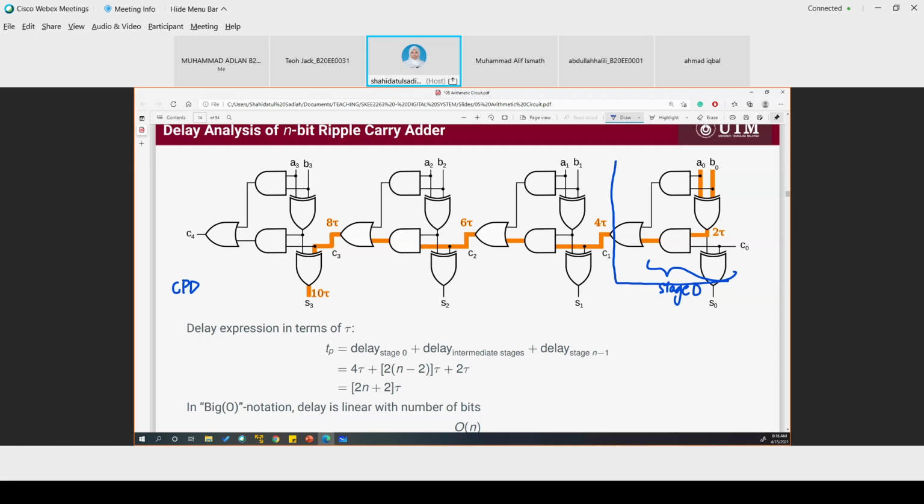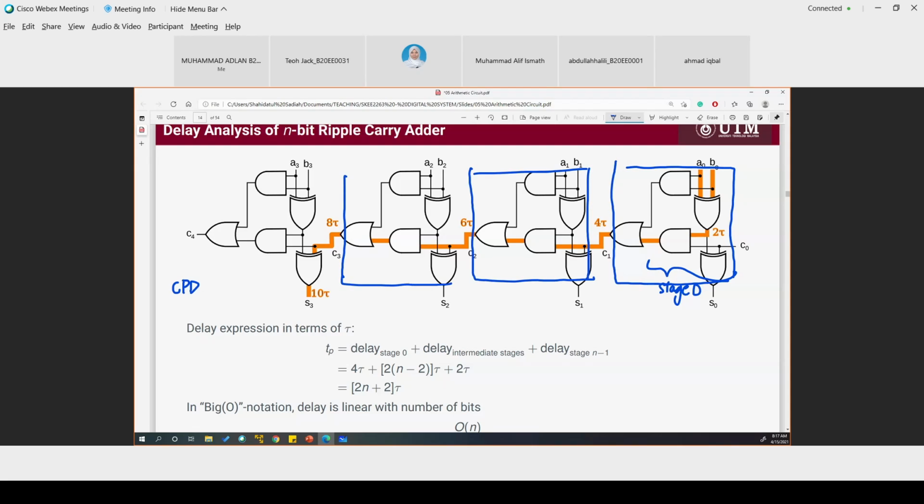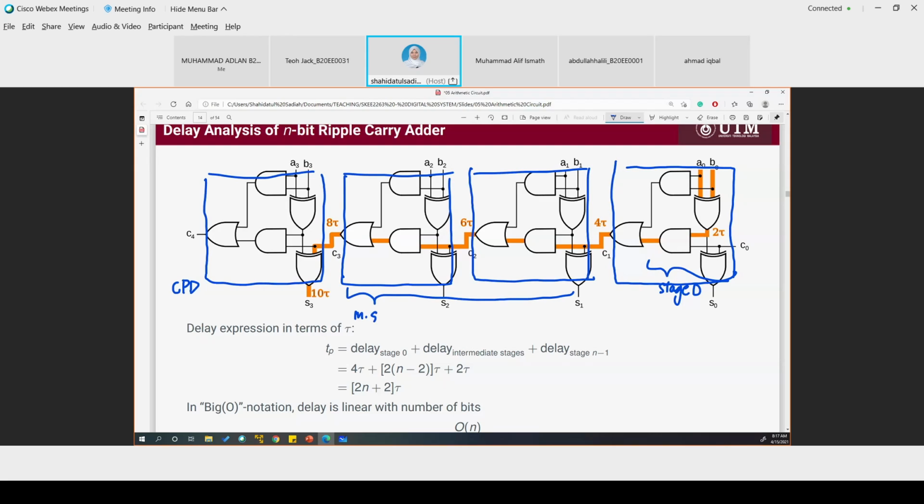The block is not drawn here, but remember we have 4 full adders. So the first stage is on the first full adder, and the second stage is the intermediate stage, in the intermediate full adders. And then the last full adder will be the stage n-1.